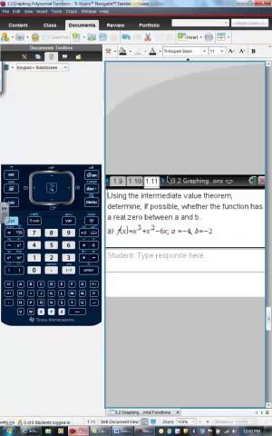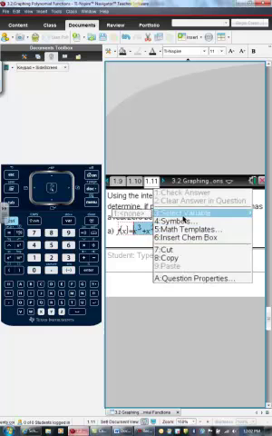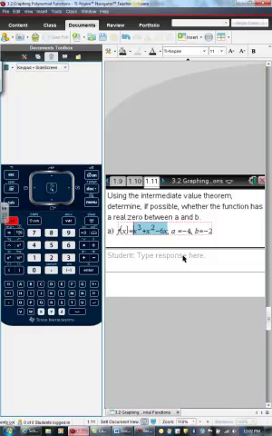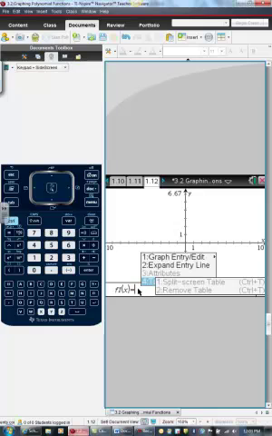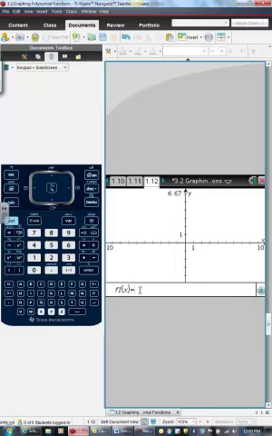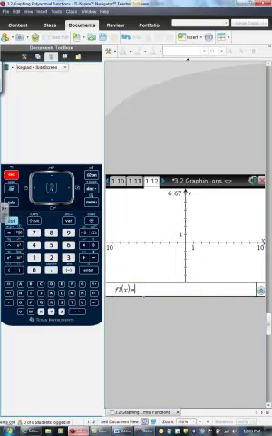So here's my function. I'm going to insert a graph page. X cubed plus x squared minus 6x.